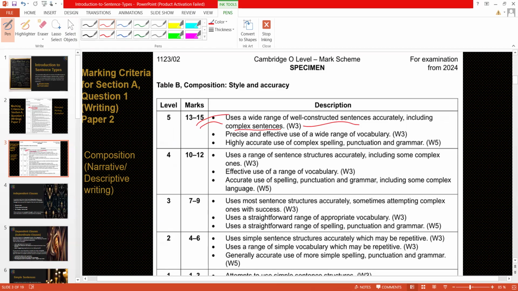Again, an emphasis is put on complex sentences. They want us to write these complex sentences to achieve this mark. To get these marks, whether we are aiming for a star or an A, in both cases we should make a habit of writing complex sentences also.